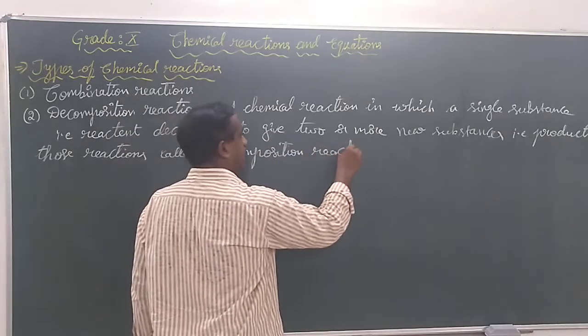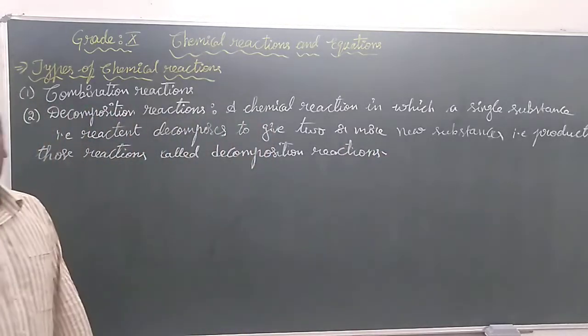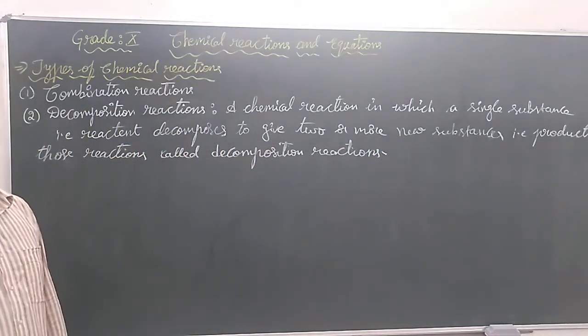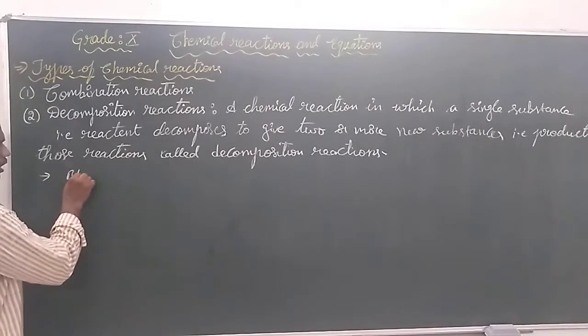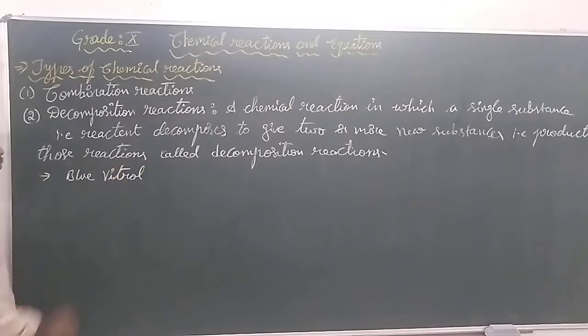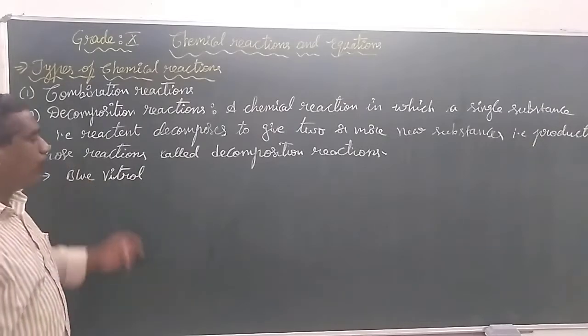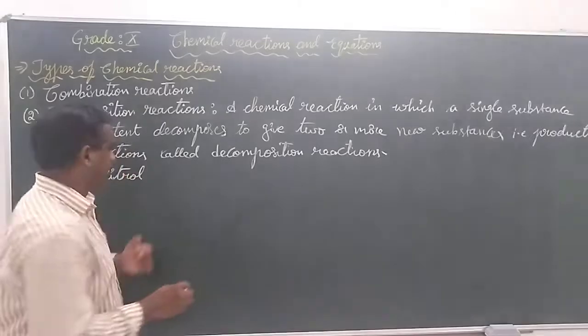Let us take some examples in this one. What is a decomposition reaction? Prior to that, we need to get some names of the compounds. One of the compounds that I am giving you has the name blue vitriol. What is the name? Blue vitriol. This is the name that we got in the grade 9 standard.